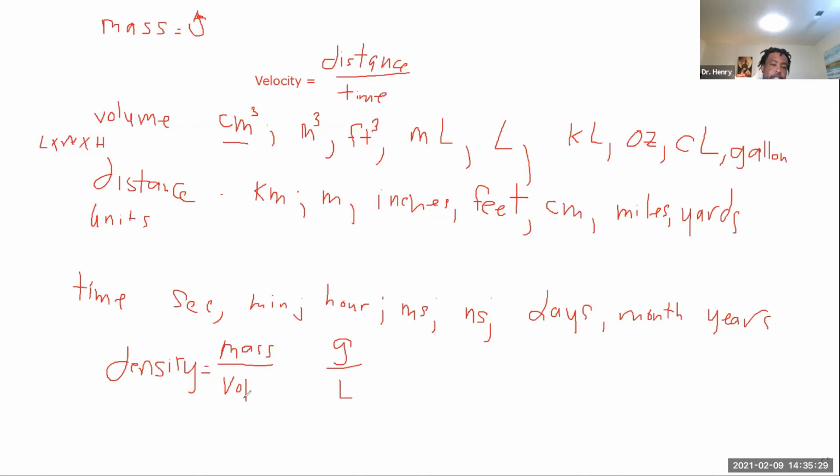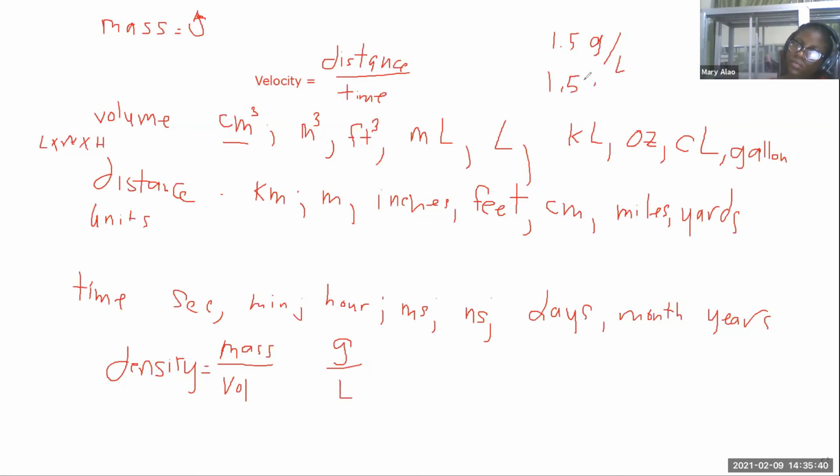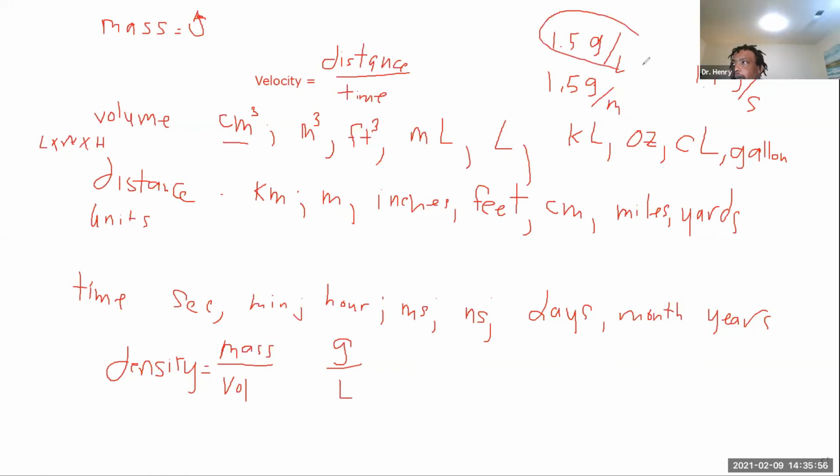So if I'm taking a test and they gave me something like this: 1.5 grams per liter, 1.5 grams per meter, 1.5 grams per second. Which one do I know is correct? Grams per liter. How do I know that? Because I know the units of volume.